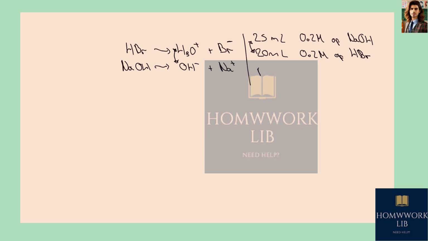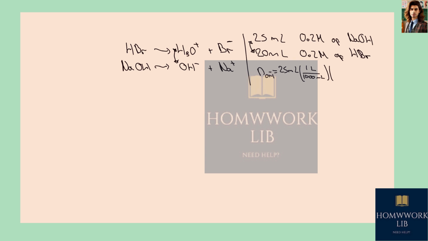So the amount of matter that we are going to have in 25 milliliters of NaOH, I'm going to label this as OH minus directly because it dissociates. It's going to be the volume times the concentration. But the volume, we need to transform it into liters, as always. 1,000 milliliters corresponds to 1 liter.